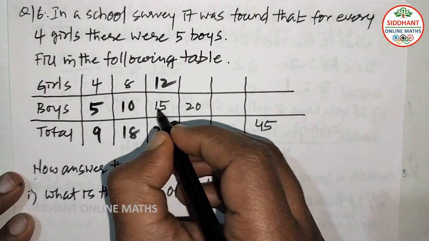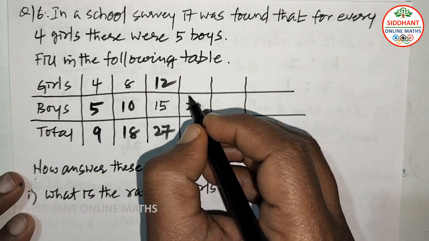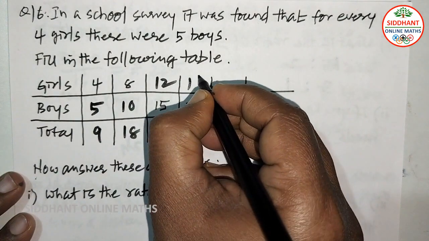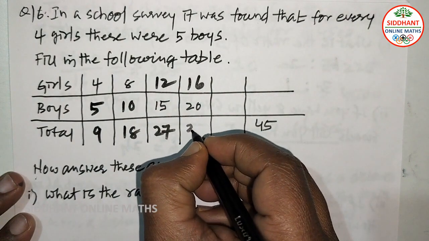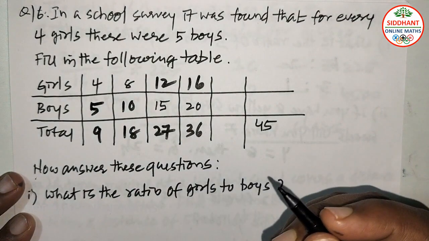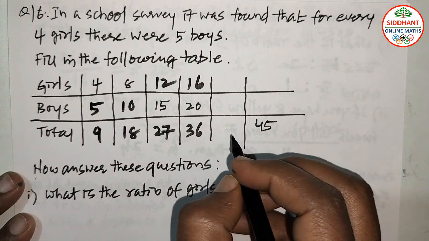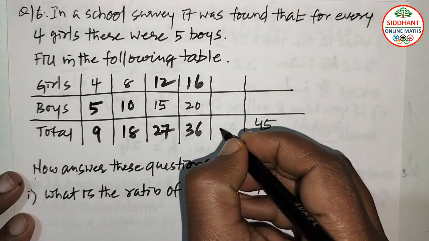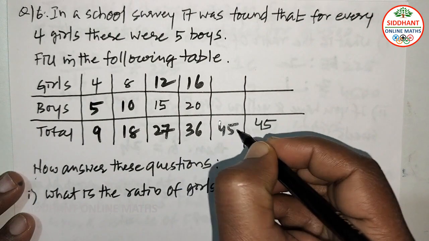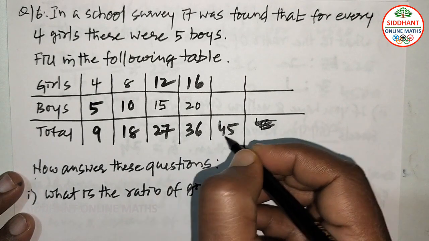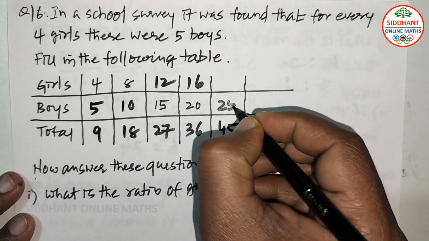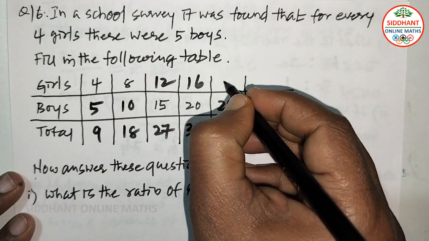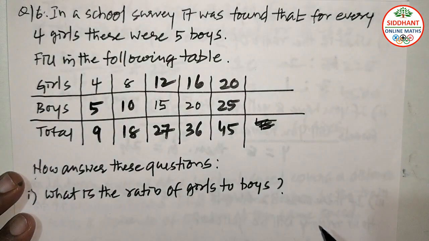In the same way, 20 boys are there, then girls will be 16, so that will be 36. In the same way, for 45 total, boys will be 25, girls will be 20 here.